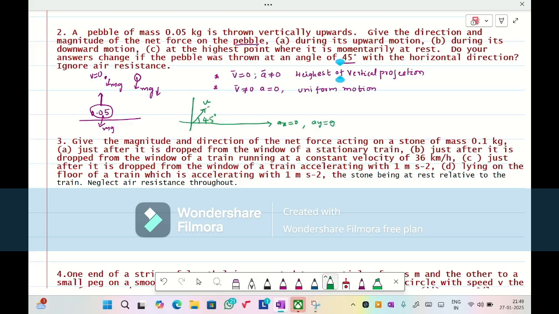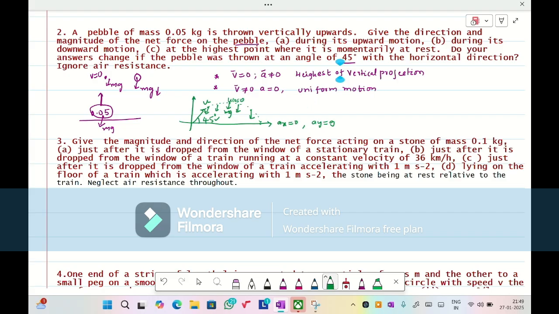Along the whole path, since theta is 45 the range is maximum, and every instant g is acting downwards. That's why the path is a projectile, a parabola. At the maximum height, where the vertical velocity component is 0, there also mg downwards. So in all cases mg is downwards towards the earth because your reference frame is the earth.